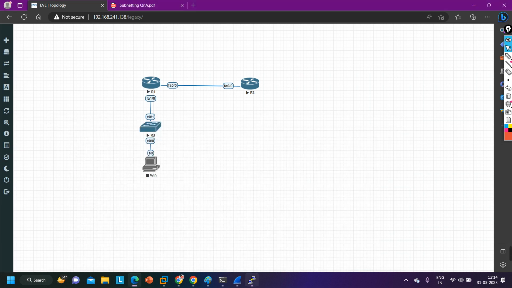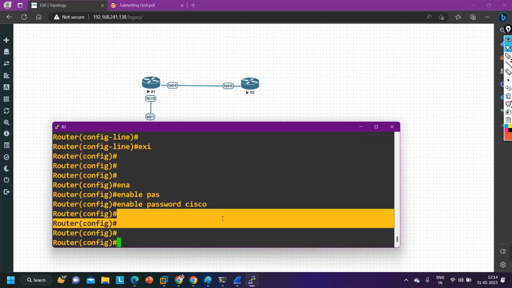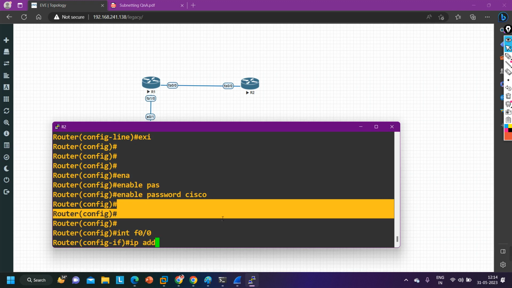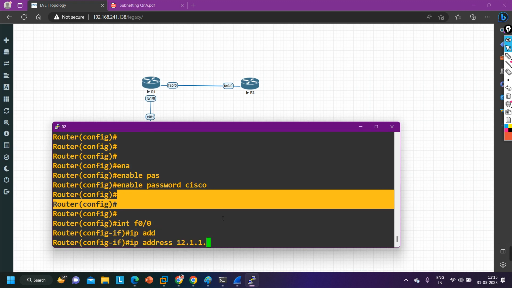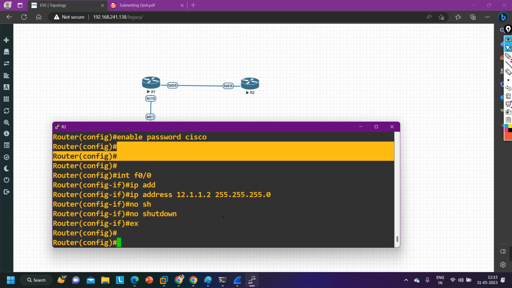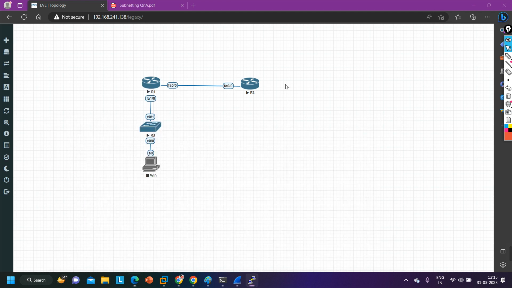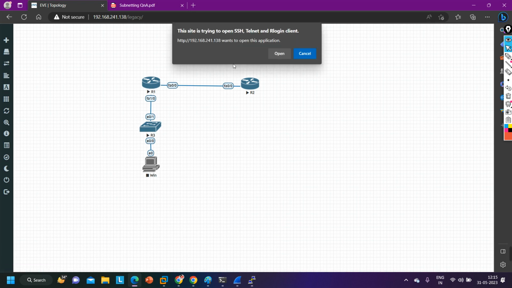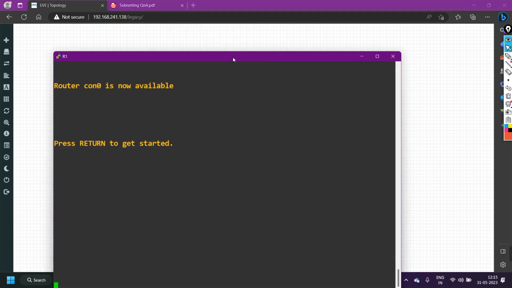Okay, I have enabled Telnet. Let me configure one IP address as well on F0/0. Let's say the IP address is 12.1.1.2, 255.255.255.0, no shut, and exit. Then on router number 1 also I am going to configure one IP address.